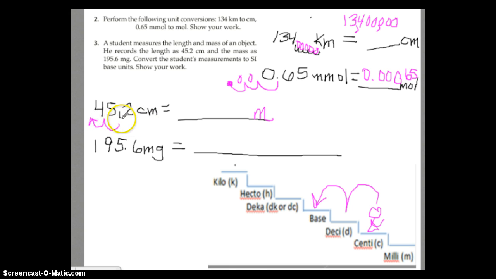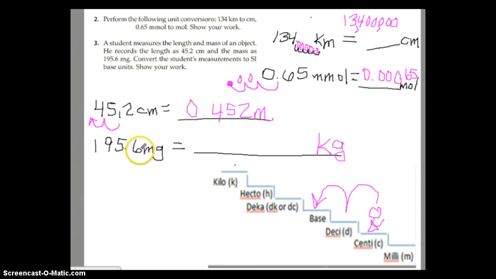So remember, you start with where the decimal is. You only put it at the end of the number if a decimal is not given to you. So your answer is 0.452 meters.